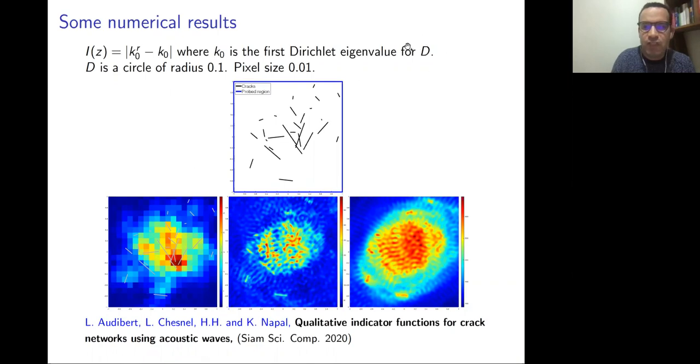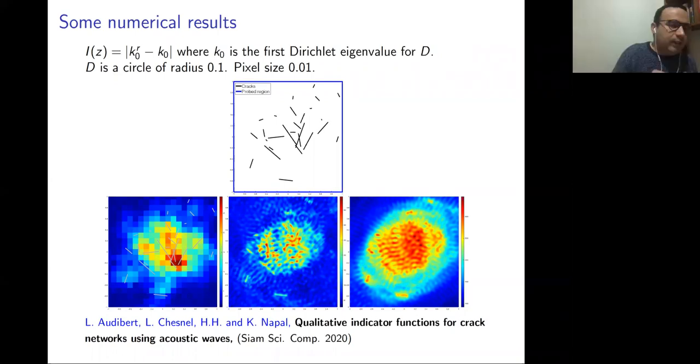The size of D, in fact, will tell you which frequency you should look at, because it determines the first Dirichlet eigenvalue. This gives you the resolution of the method. And you can see that here we obtain, of course, not the shape of the crux, but a better indicator of the density.